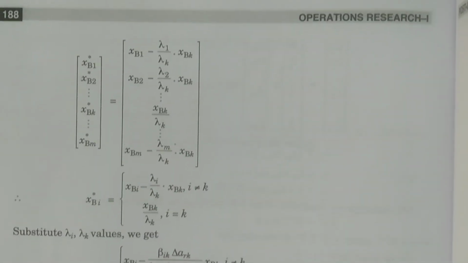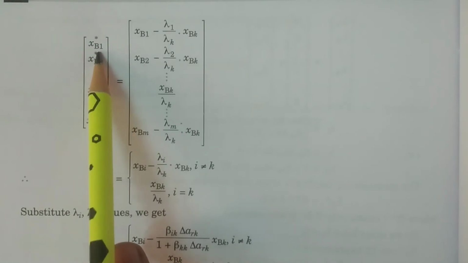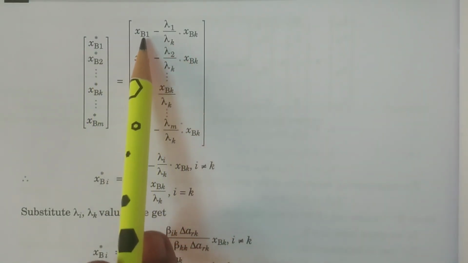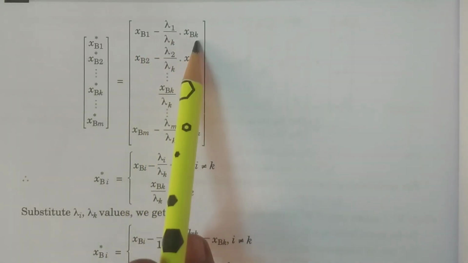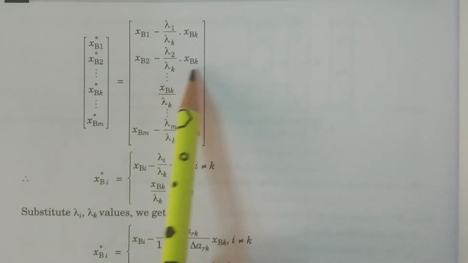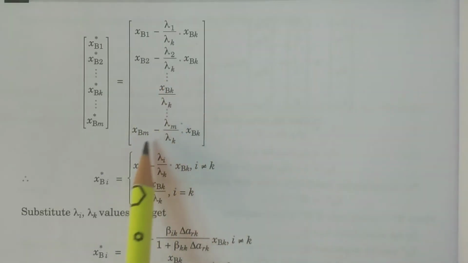Now, if you see properly, xb1 star is equal to xb1 minus lambda 1 by lambda k into xbk, similarly xb2 star is xb2 minus lambda 2 by lambda k xbk, and so on, xbk star is xbk by lambda k. This is the only value for the kth term, there are not two terms.